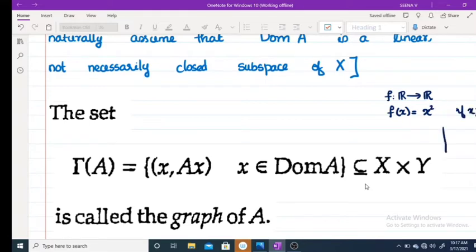The graph will be the ordered pairs (x, x square), considering the domain x greater than 0, so we have to consider only this portion.